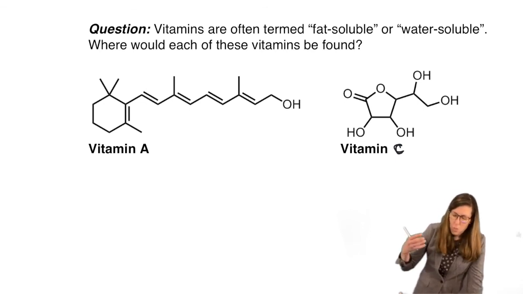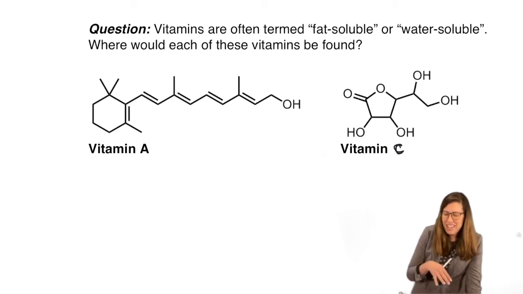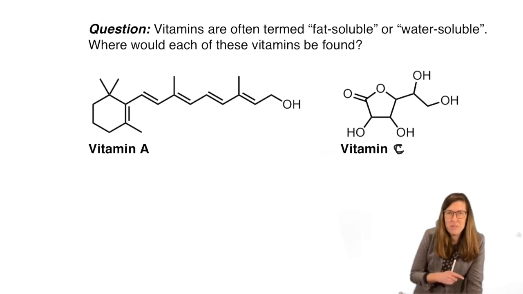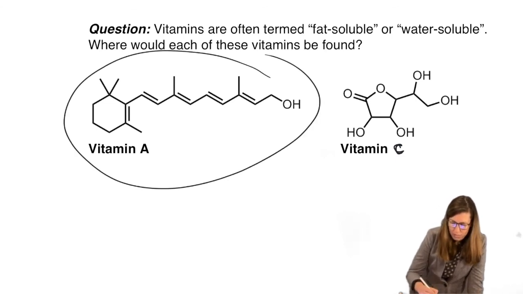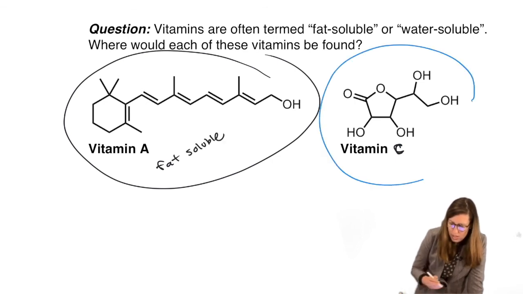So let's make a prediction. Which one of these, in case you didn't know already, which one should you not accidentally take 2 pills of? Okay, so which one's fat soluble, in other words? Fat soluble. So in fact, and that's because this is very polar.